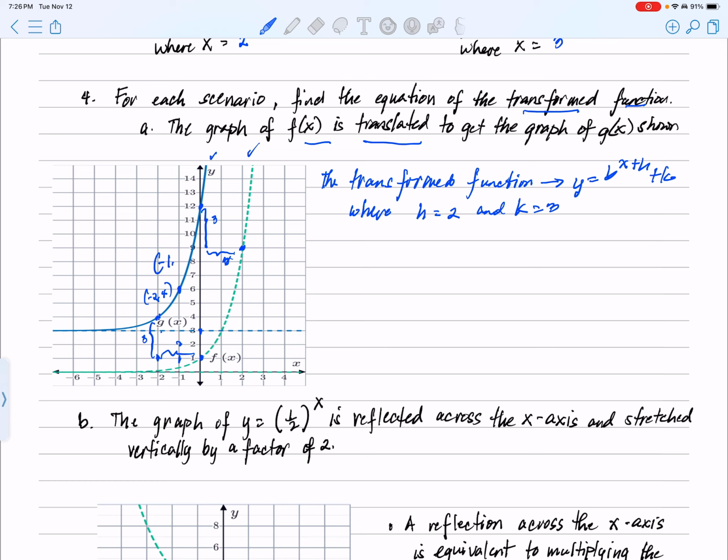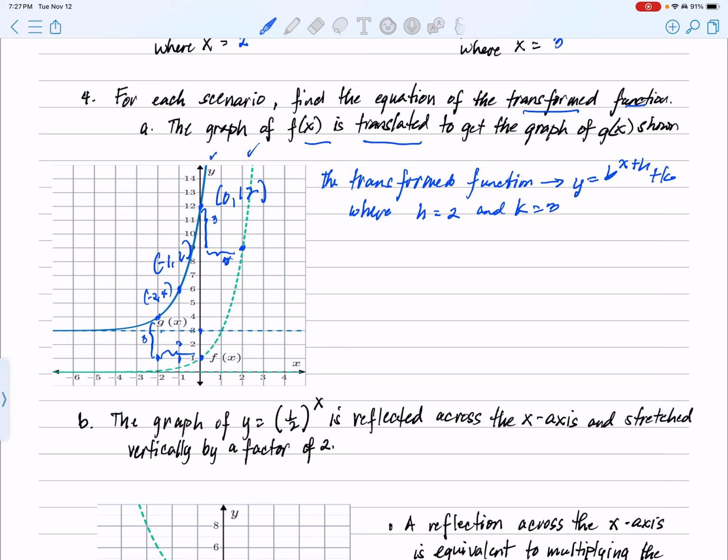And what other points do we have? This is the y-intercept, (0, 12). We could easily identify these points.